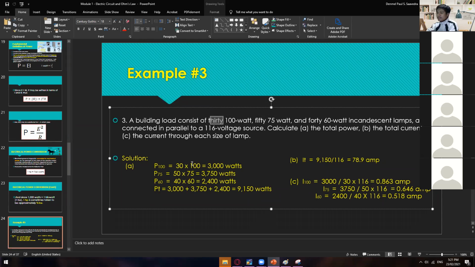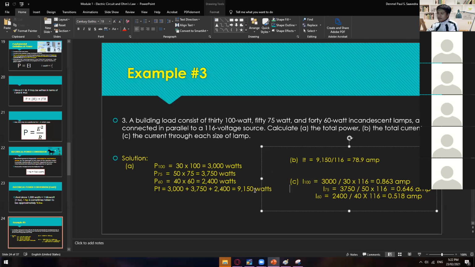So here we have 30 times 100 watts, so just solve that one, and so on and so forth, and then just add all of them. So 3000 plus 3750 plus 2400 is equal to 9150 watts. So that's how we come up with the result of this one.